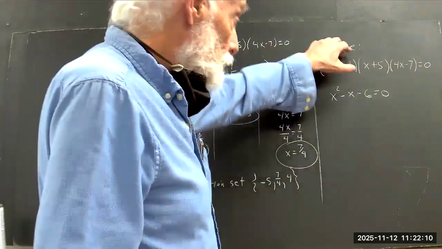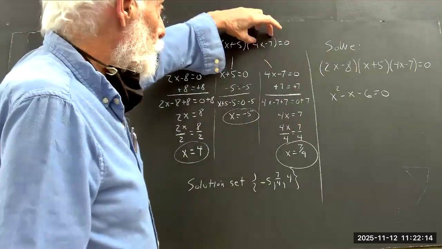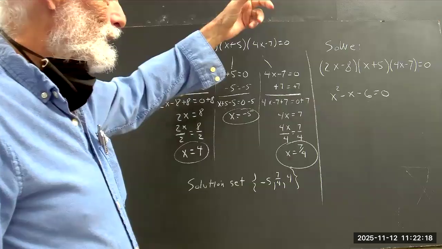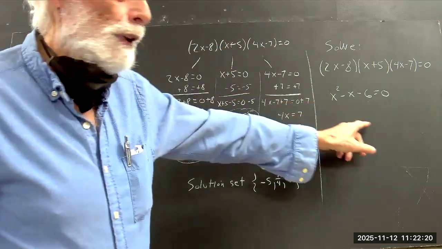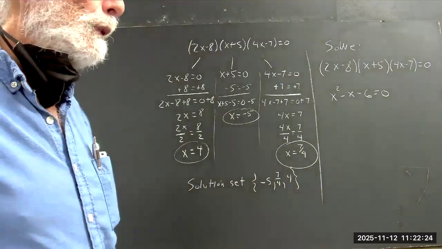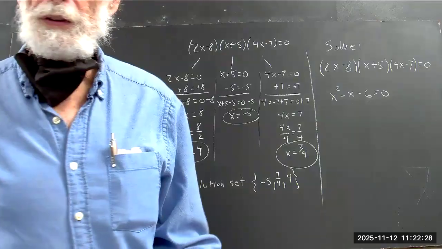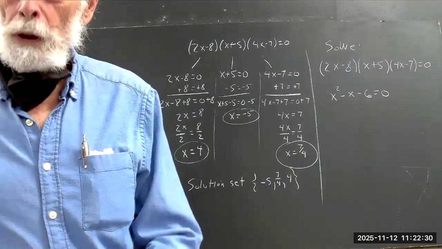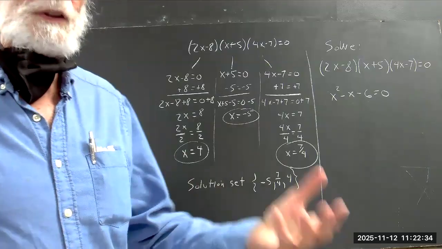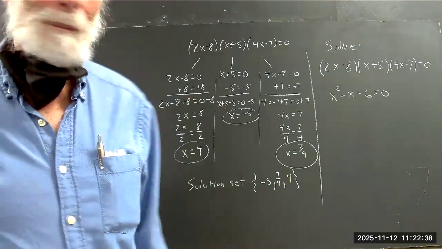Now, this isn't part of this problem, but you understand that if I replaced 4x minus 7 by x squared minus x minus 6, then I'd have to solve this equation, wouldn't I? Okay, so sometimes you got to do a little more work to solve the equations than you do with linear equations. The linear equations are really pretty simple. They're easy to solve. If you're a little rusty, well, I'm sure it's come back to you, okay?